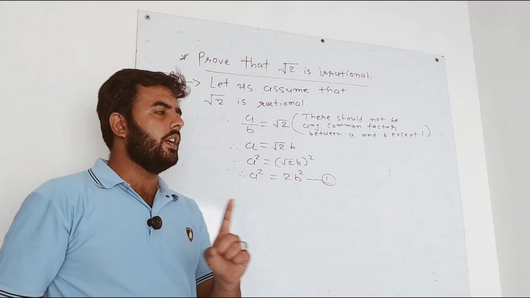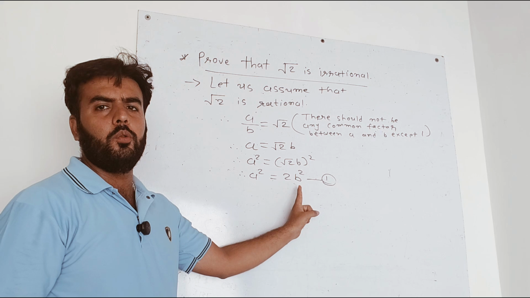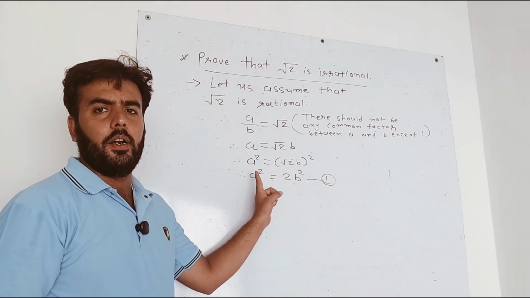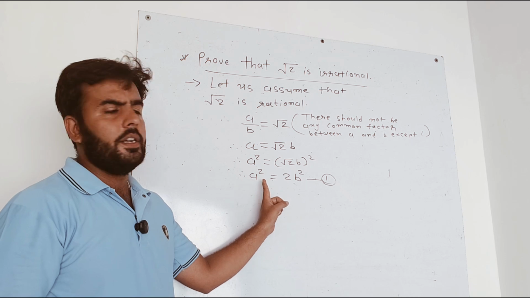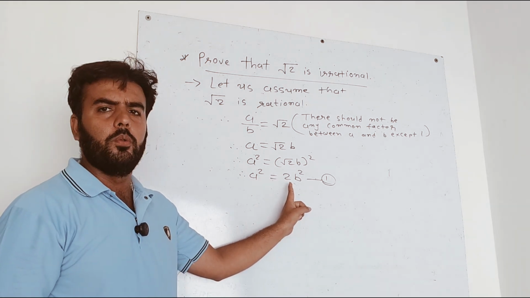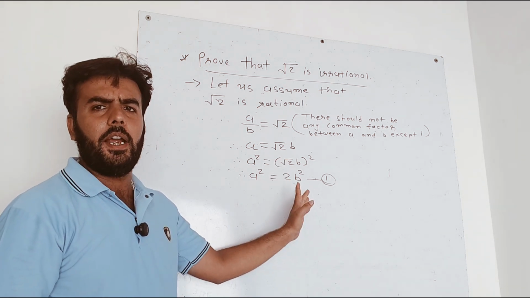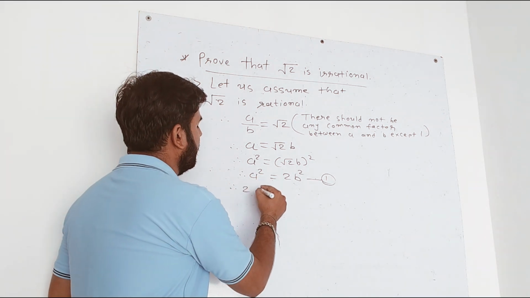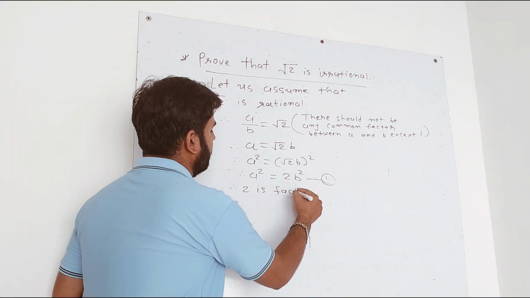Now in equation 1, the expression a square is equal to 2b square means that 2 is a factor of a square. The expression of a square is in the multiple form of 2, and that directly means that 2 is a factor of a square. So I can write that therefore 2 is a factor of a square.